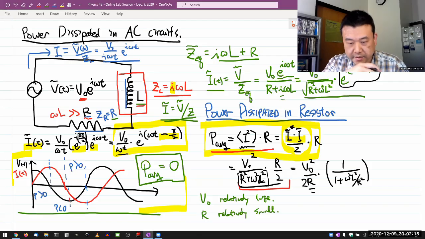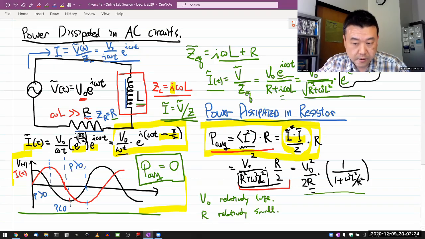With that stipulation, I hope you see that this quantity here is then relatively large, because this coefficient is a relatively large quantity. The thing that causes you a bit of an issue is this omega squared L squared.